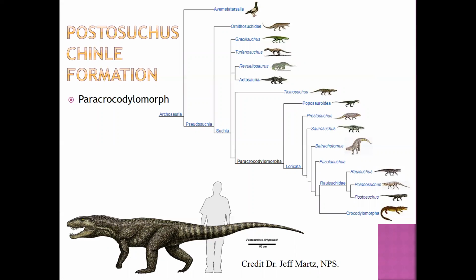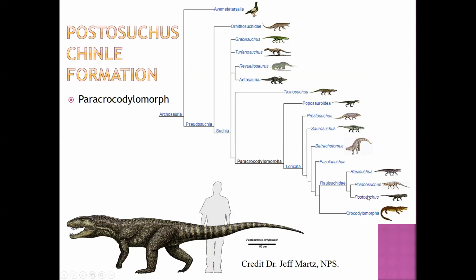So now we're going to look at the actual relative of crocodiles, also from the Chinle Formation. This is Postosuchus. So you can see that it's not as tall, but obviously heavier than a human. And so here are the paracrocodilomorpha. You can see that they're part of the Archosauria, and Suchia refers to crocodiles.